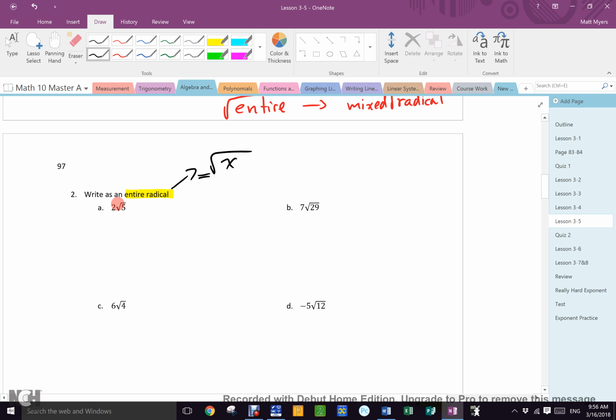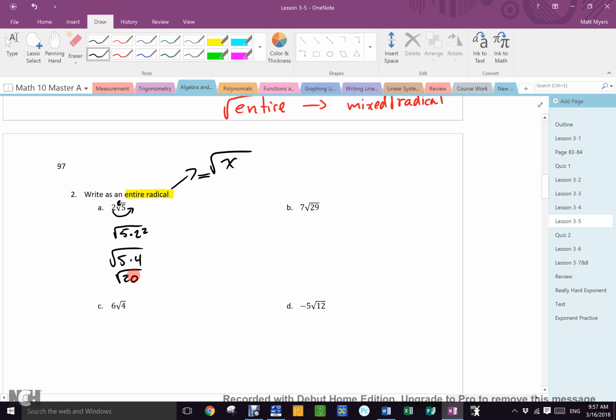It's not written, but what is it really? 2. If there is a 2 out front, that means there were how many 2's originally in there? 2 of them. So it's actually the square root of 5 times 2 squared, which is the square root of 5 times 4, which is the square root of 20.